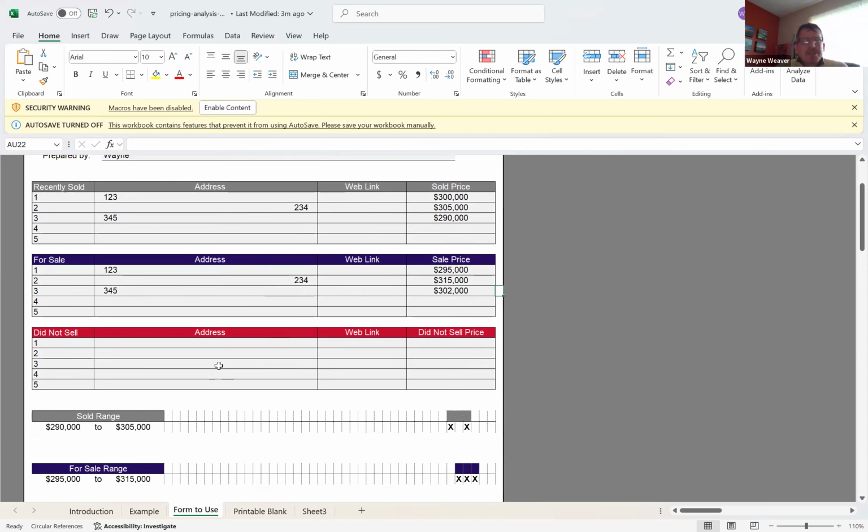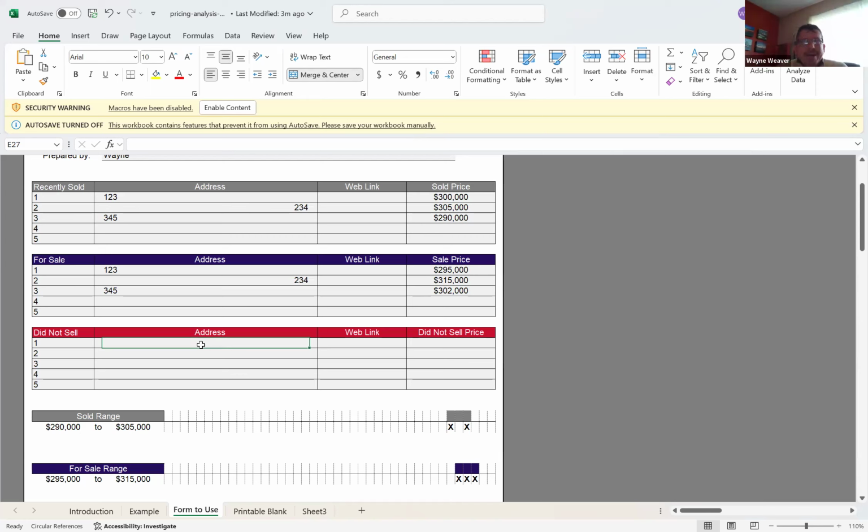If it's a stretch, or you make an adjustment like when you do a CMA, say it sold for 350 but it had 10 acres, and my property has one or not even an acre, you can go, okay, I'm going to deduct it.